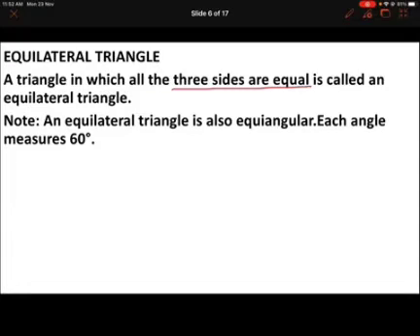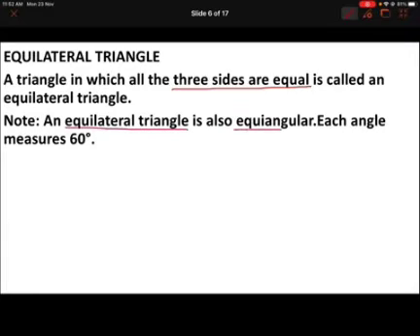Now, an equilateral triangle is also equiangular. What it means is, in the previous class we learned, if three sides are equal, automatically the three angles are equal. Okay? So, in an equilateral triangle, all the sides are equal. So, all the angles are also equal.